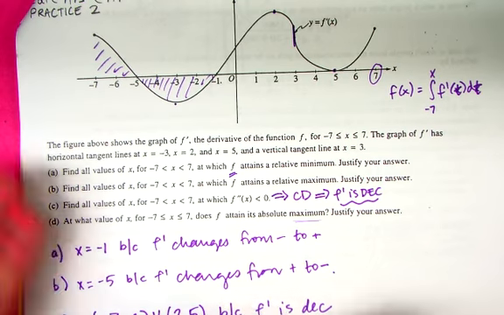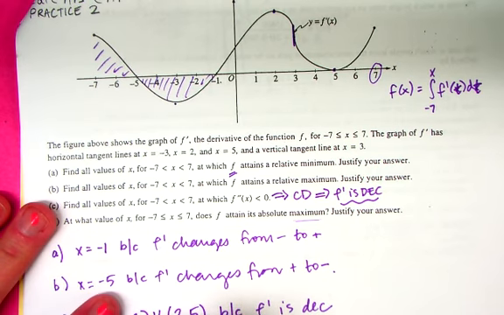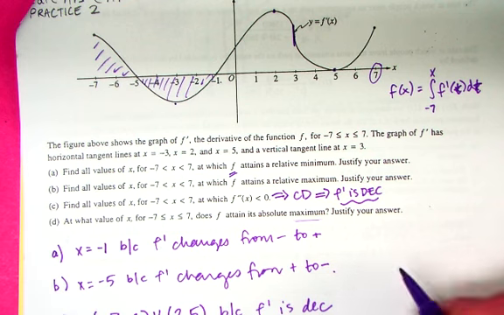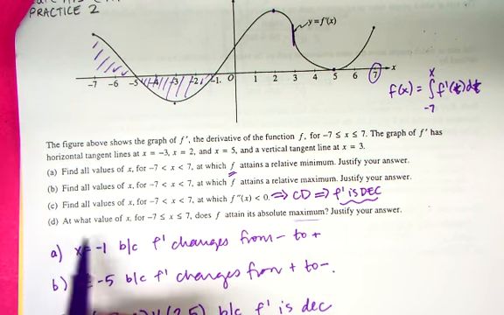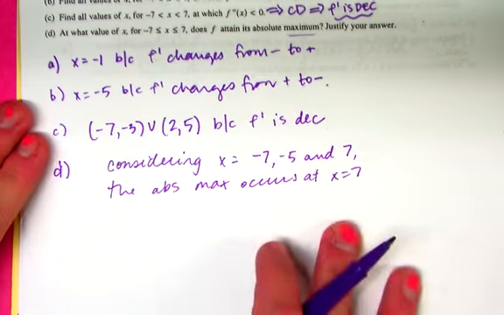So you have to consider the endpoints. Considering x equals negative 7, negative 5, and positive 7, the absolute max occurs at x equals 7. You don't know what its value is, right? Just its value of x, okay?